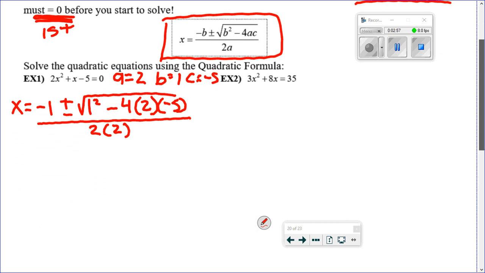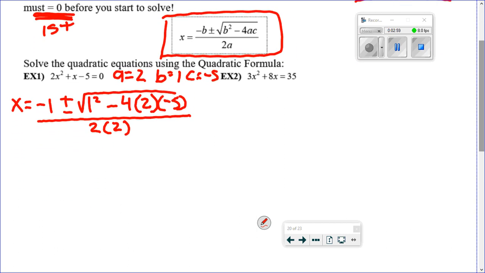So from here, it's just a matter of simplifying. Think about your order of operations when you're simplifying. Tackle inside that square root first. So we know 1 squared would be 1 minus 4 times 2 times -5. That would give us 4 times 2 for 8 times -5, -40.